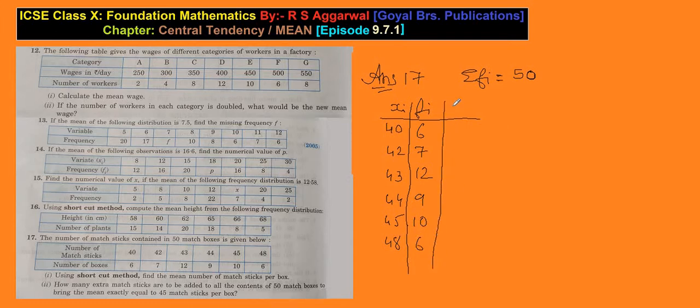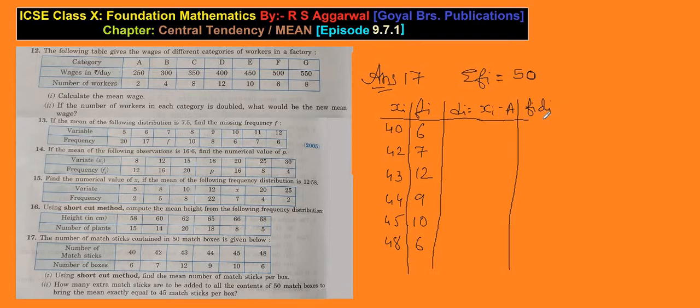What do you require here? I require Di. Di is equal to Xi minus A. Let me clear it so it becomes nice, because I was going to write Ui, but it is Xi minus A. After that, what do you require?